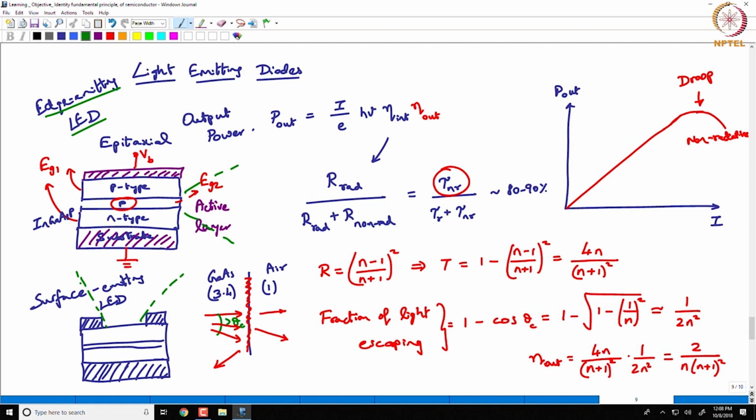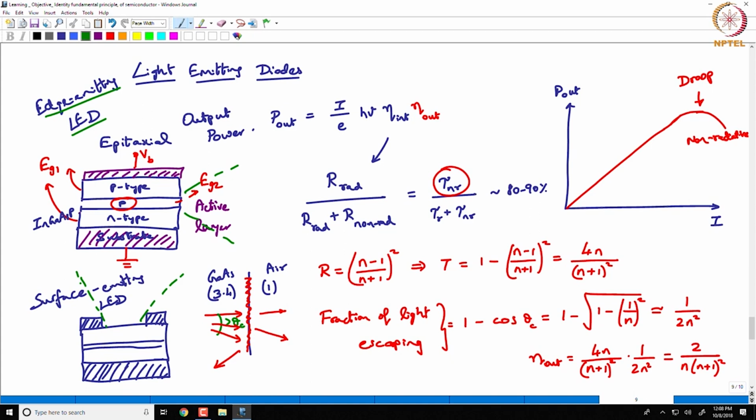So, well, what is the advantage? The advantage is that how you define your electrode at the top determines the aperture over which the emission happens. Okay. In the other case, in the edge emitting case, you can say that light is actually confined within that active region.